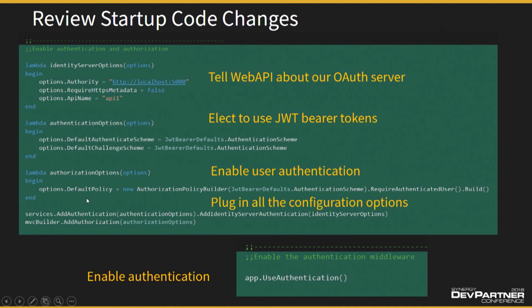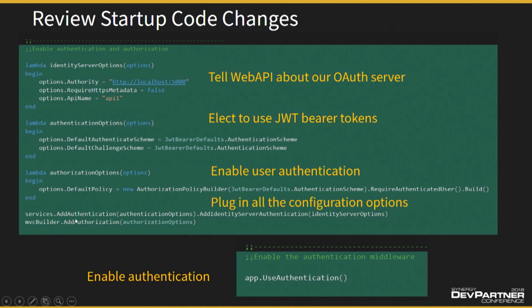And these are just the miscellaneous code that's required to set authentication options. Basically, this is just turning authentication on using JWT bearer tokens. What's this doing? Default policy, new authorization policy. Again, this is just enabling the use of JWT, require authenticated user.build.